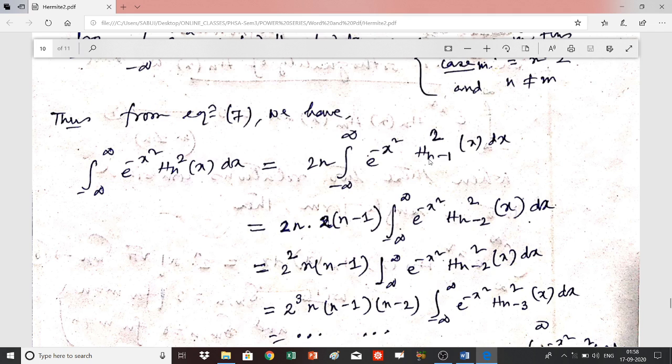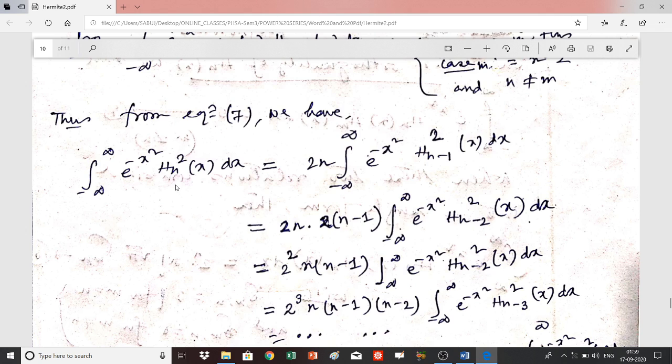You write this term 2n here, but you are trying to write this in the form of the next order of the Hermite polynomial. So in that case, the 2n can be written as 2 into n minus 1. Just concentrate deeply here.